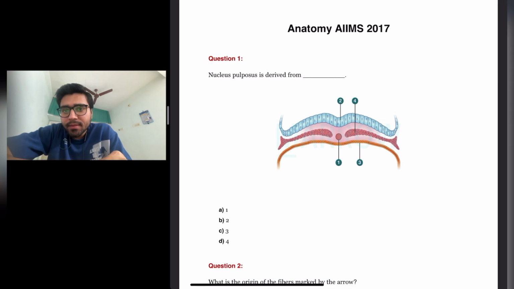See guys, in each and every competitive examination for postgraduate medical entrance courses in India, the gold standard thing and the basic and primary thing is to master the previous year questions and previous year topics.